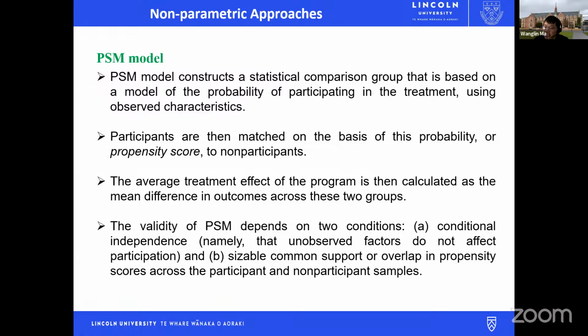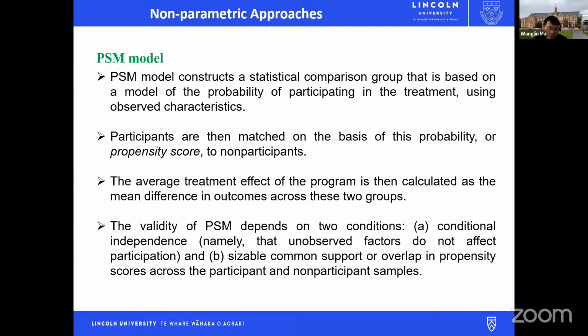The validity of PSM depends on two conditions. The first one is conditional independence, namely that unobserved factors do not affect participation. In other words, when we use the PSM model, we do not assume the existence of unobserved factors. So what are the unobserved factors?